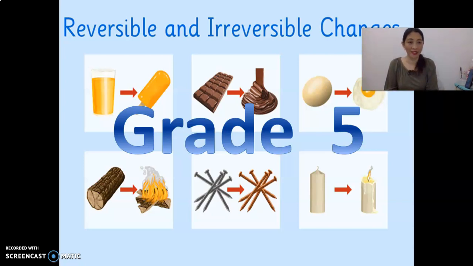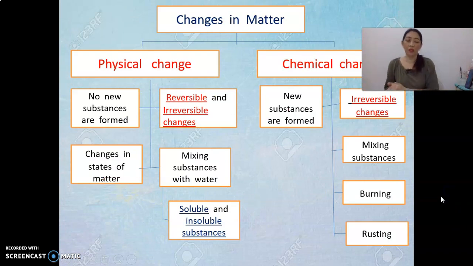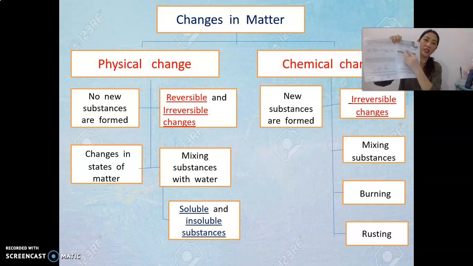So let's start. This is part 3 of changes in matter. Again, we have two kinds of changes in matter: physical change and chemical change.